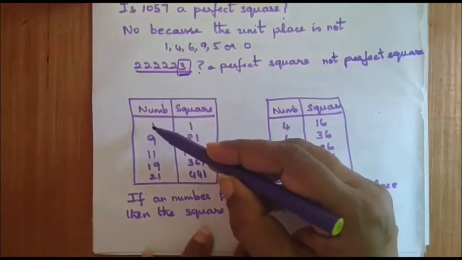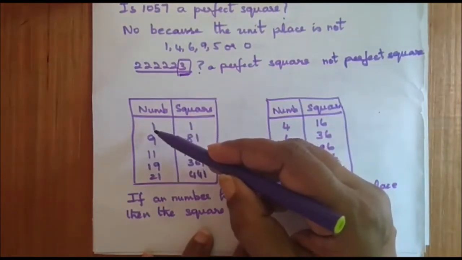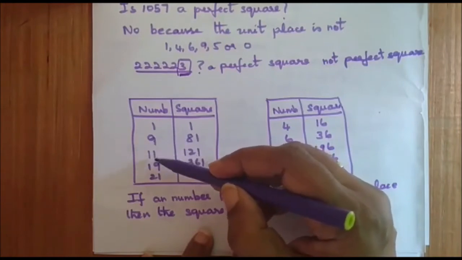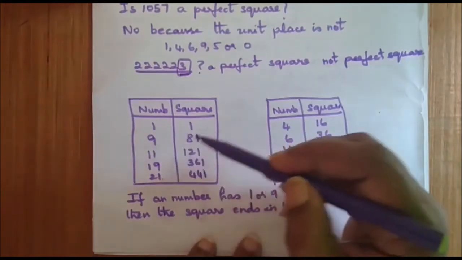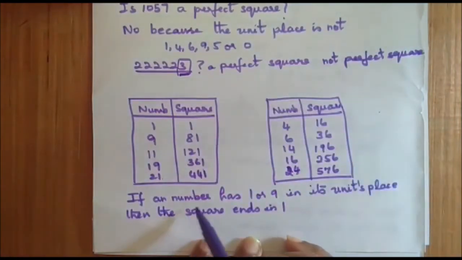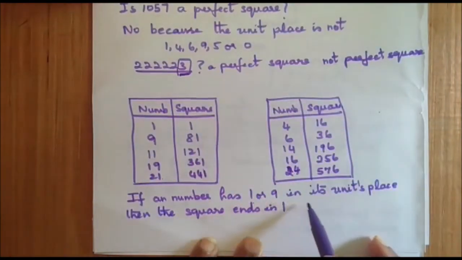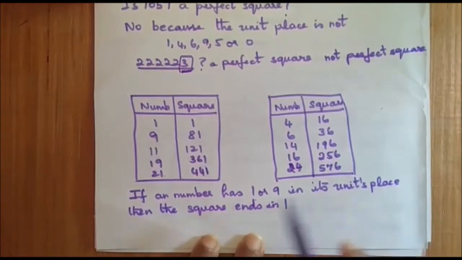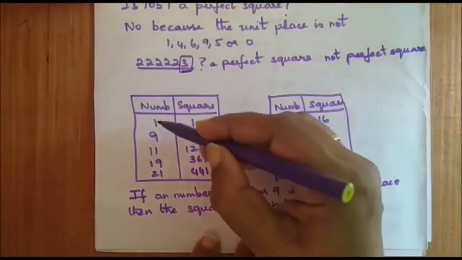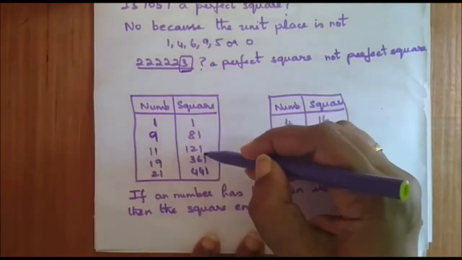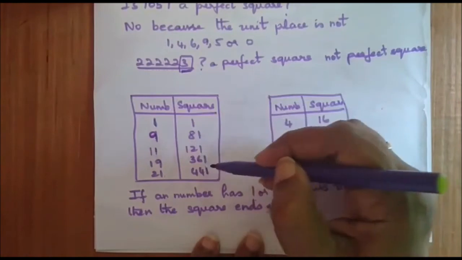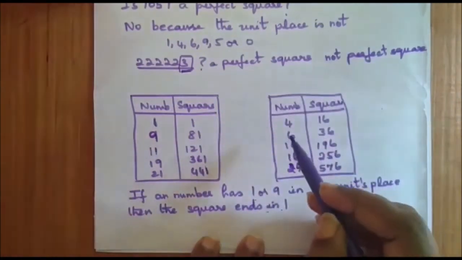In these numbers, the unit place is 1 or 9, just 1 or 9, not any other number. So if a number has 1 or 9 in its units place, then the square ends in 1. I hope you understand.